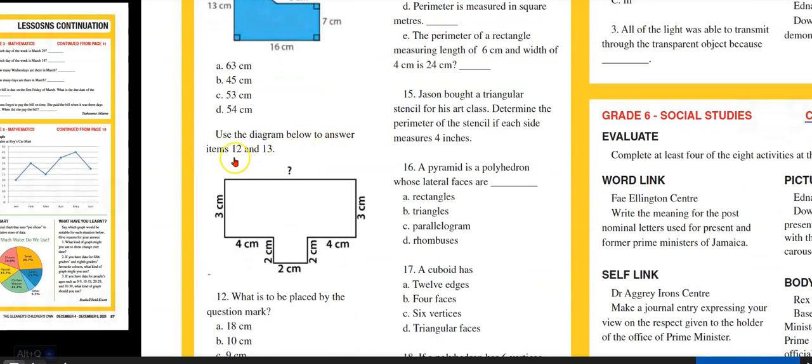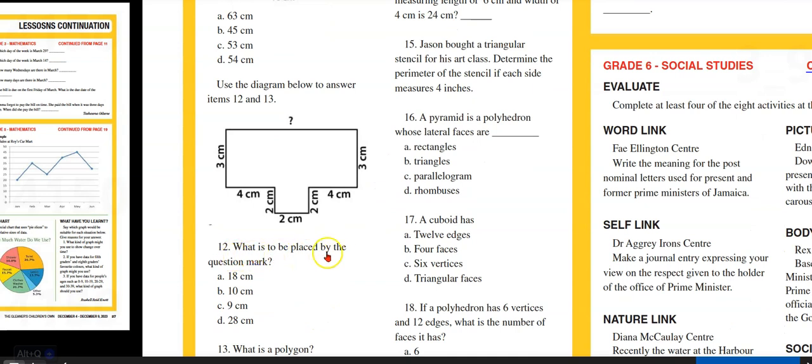Use the diagram below to answer items 12 and 13. So here, this would be 3, 4, 2, 2, 2, 4, 3. And we have a question mark here. What is to be placed by the question mark?